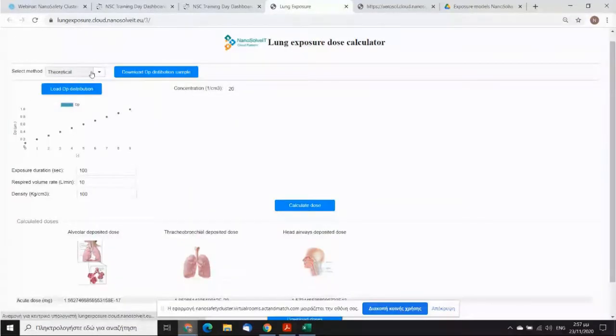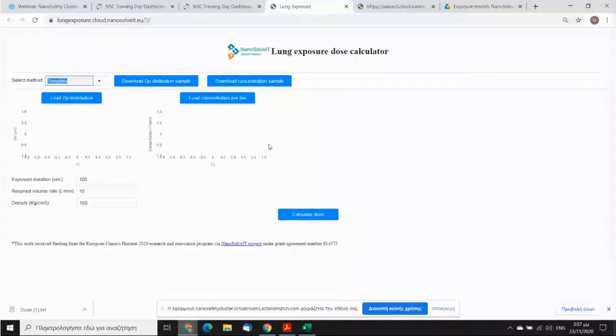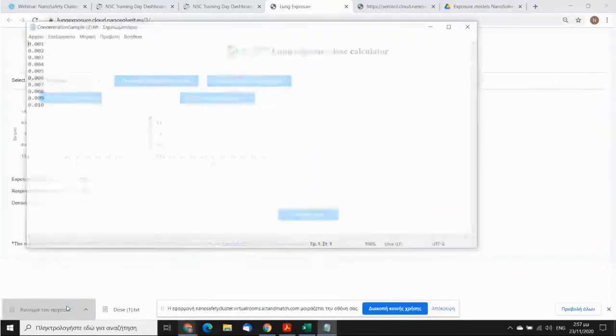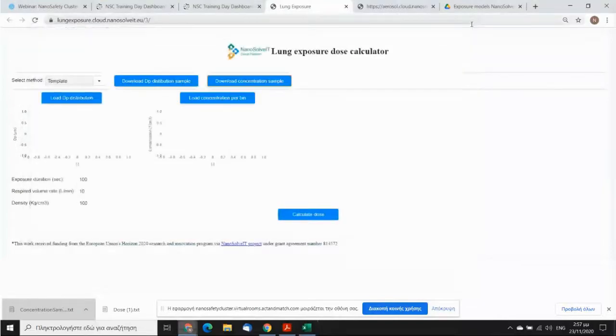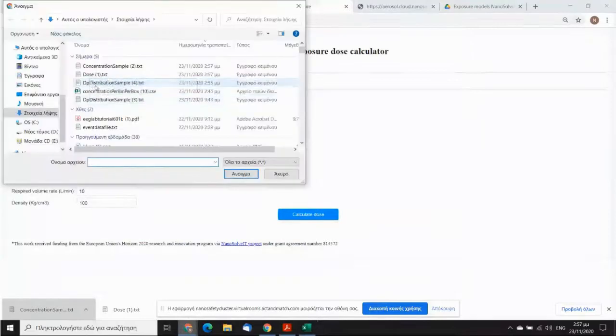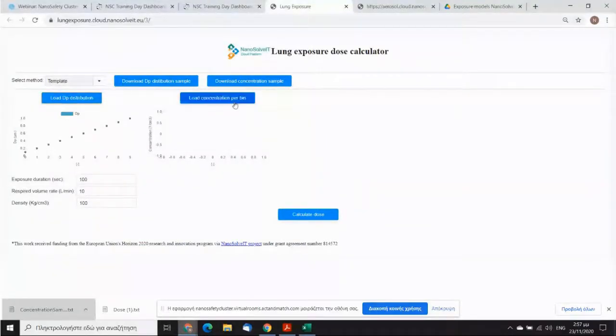We have also the template case. In this case, we again have to provide a DP distribution, but we also have to provide a concentration per bin of the nanomaterial. Again, we have a button with which you can download the concentration sample. I download it, and as you can see, again, it's just a simple file with a concentration per bin. So I load again the DP distribution and the concentration per bin.